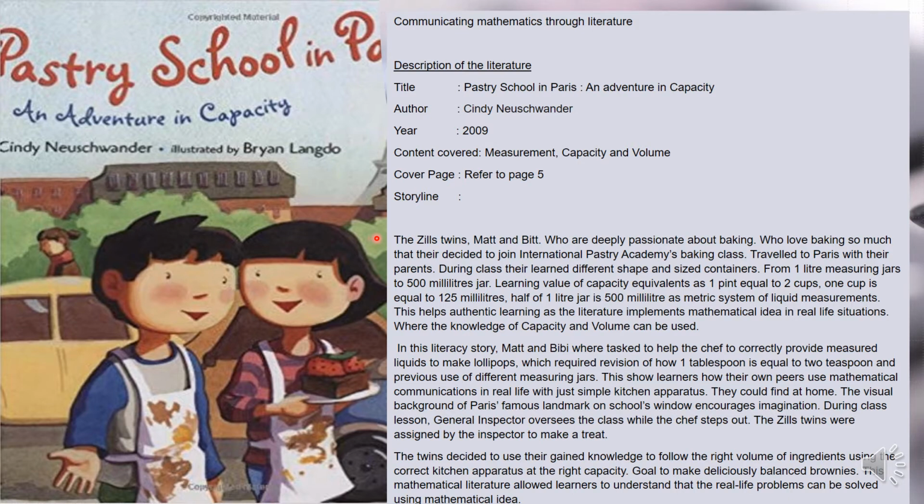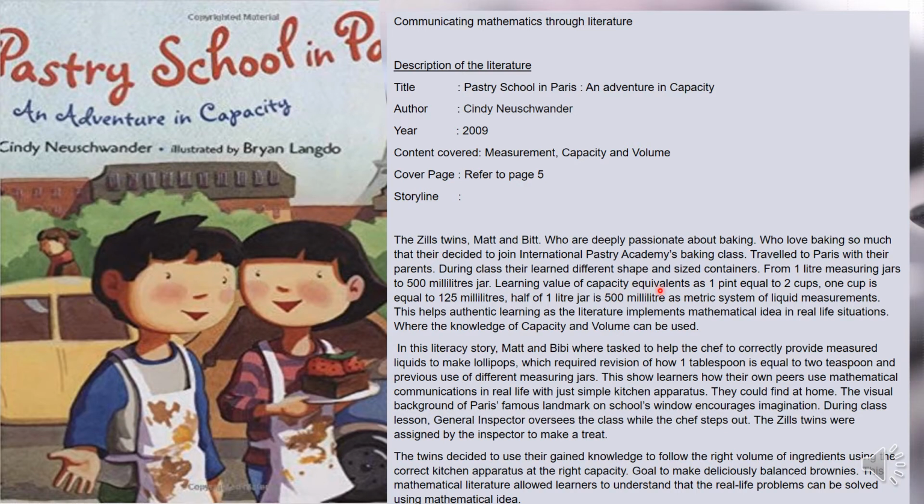And here's the storyline. The zealous twins, Matt and Pitt, were deeply passionate about baking, and loved baking so much that they decided to join the International Pastry Academy of Baking, and they traveled to Paris with their parents. During class, they learned about different shaped and sized containers and the basics, from 1 liter measuring jars to 500 milliliter jars.